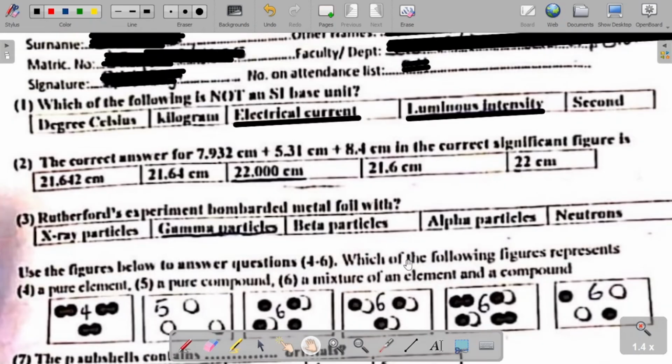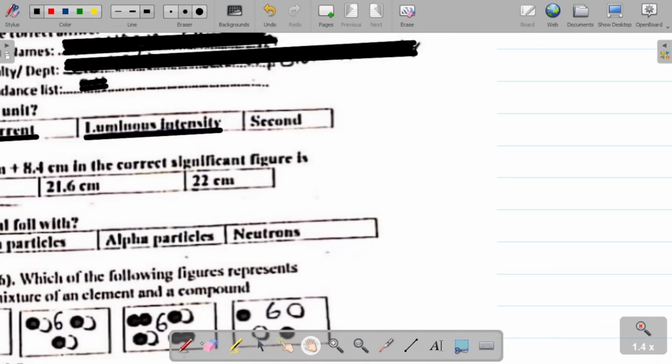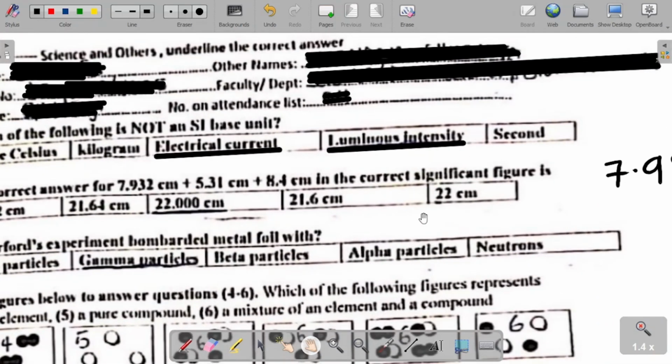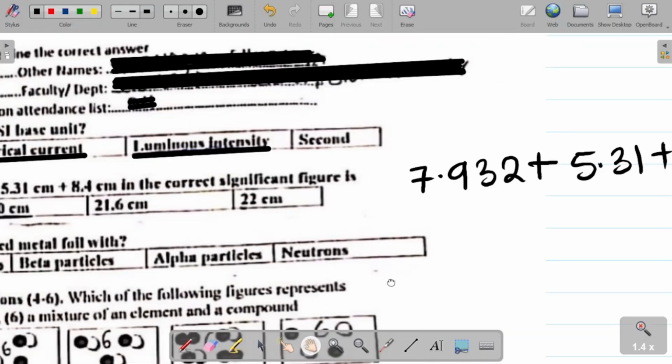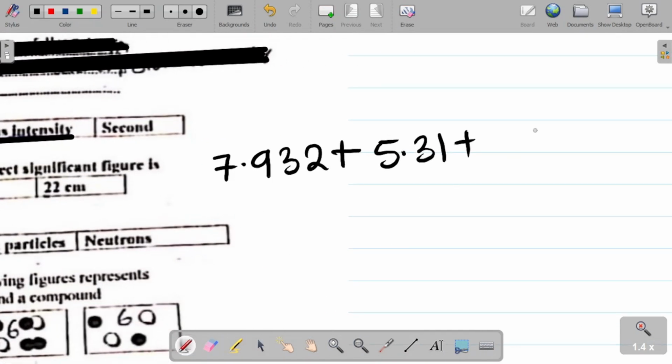Let's take down the values there: 7.932 plus 5.31 plus 8.4. If I sum this, your answer is actually equal to 21.642. That's your answer.